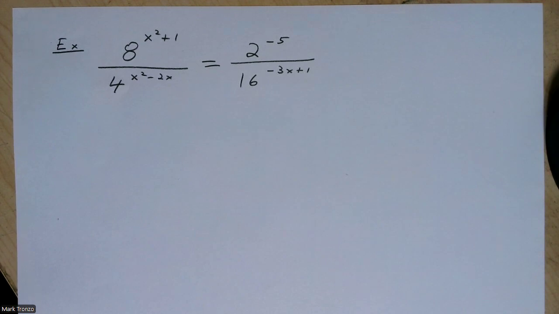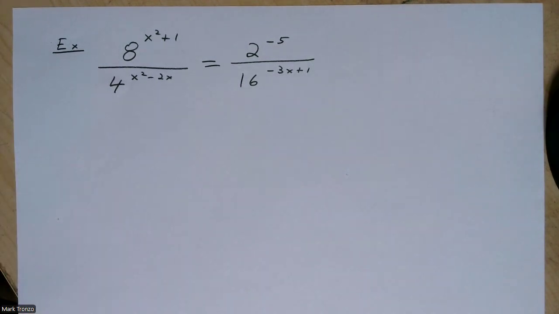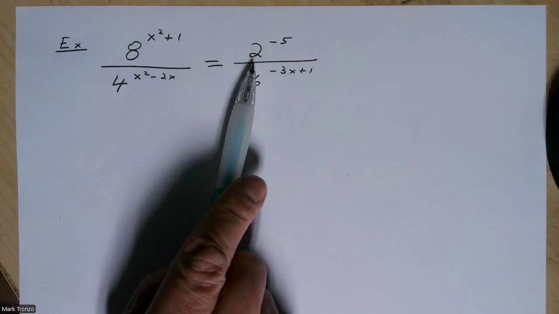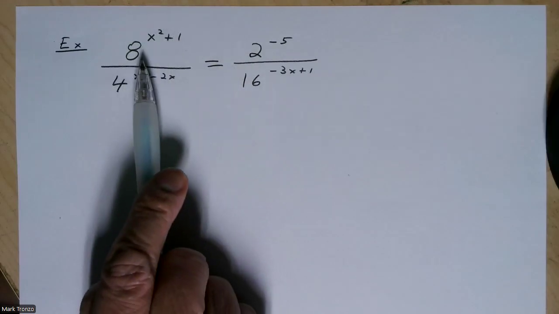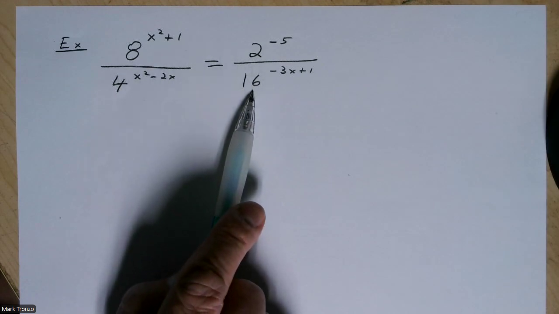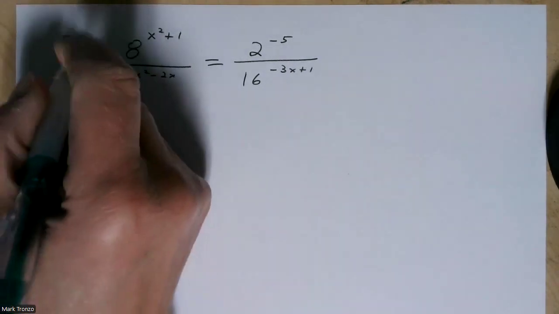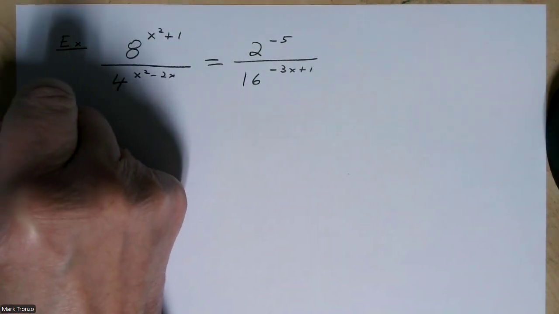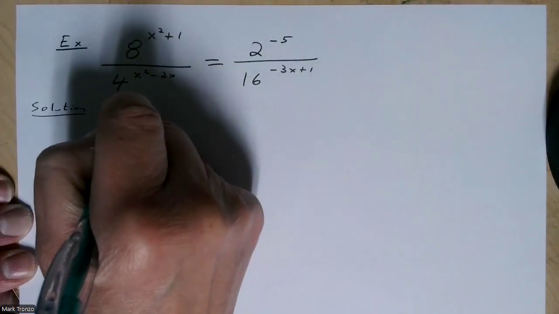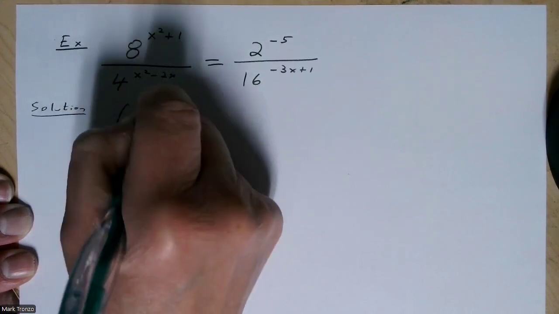And now, again, we have all kinds of numbers here. So we want to try to find a common base. Now, here we could make them all into twos, can't we? Because 8 is 2 cubed, 4 is 2 squared, 16 is 2 to the fourth. So let's go ahead and do that. Again, we said that that's 2 cubed.